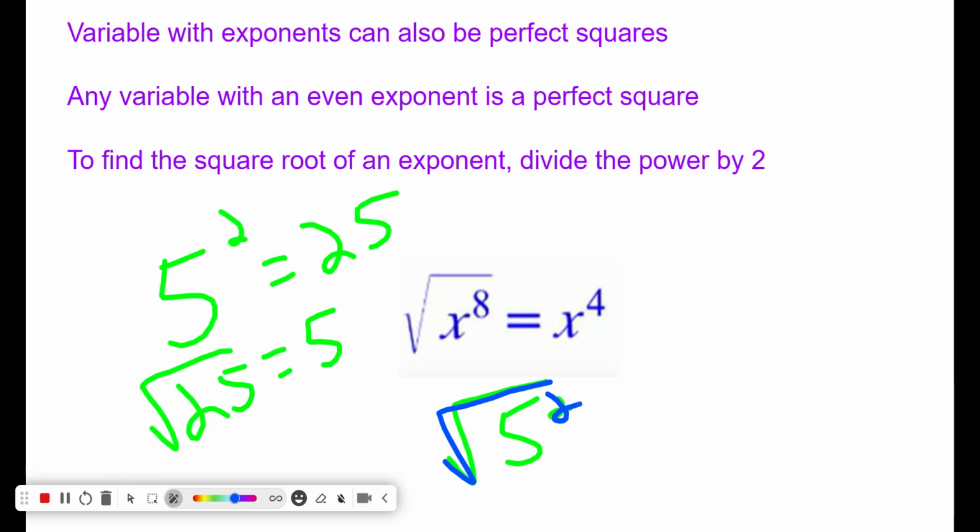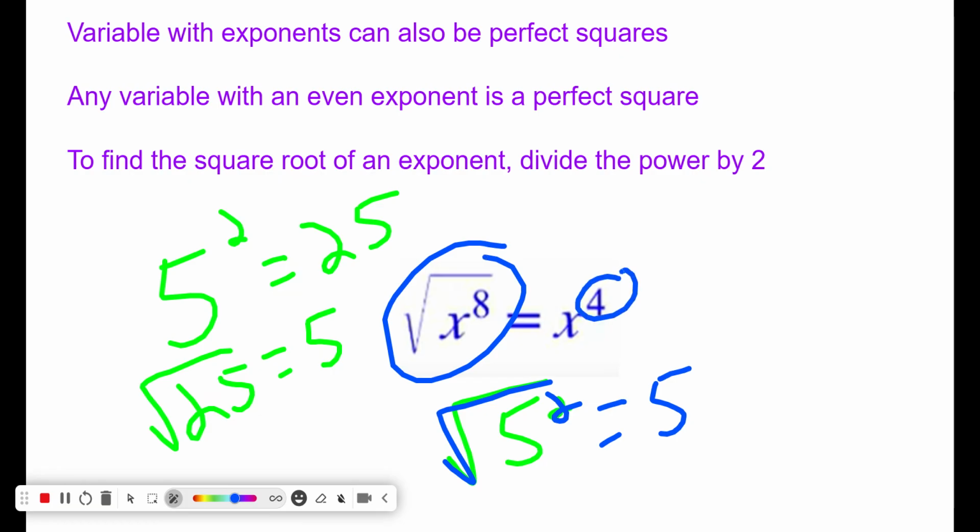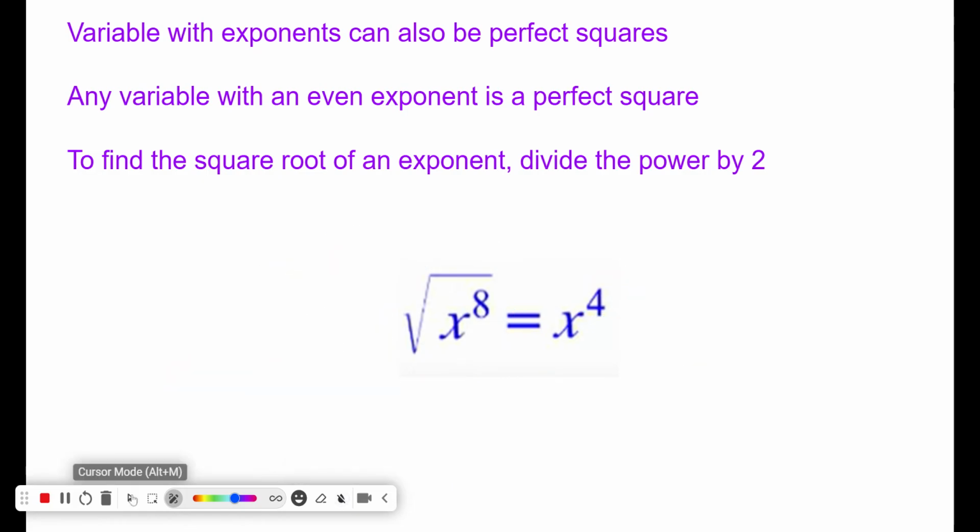Do you hear what I'm saying? Squared, square rooted, squared, square rooted. So this equals 5. In this situation, we don't know what the variable is yet. But if we're square rooting something, we can cut this in half. 5 here would be to the 1st power, which equals 5. Here, we're cutting it and dividing it by 2.